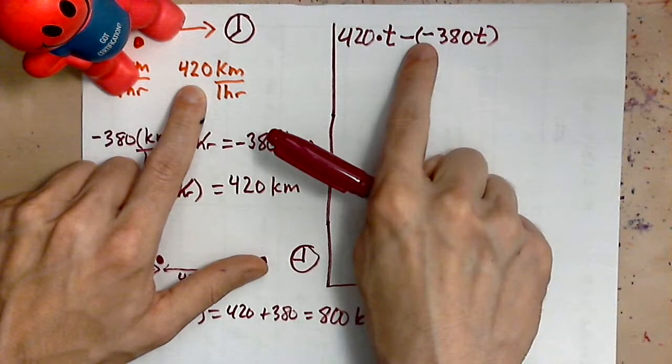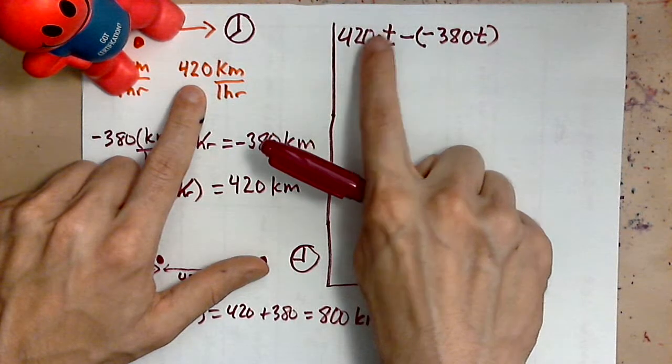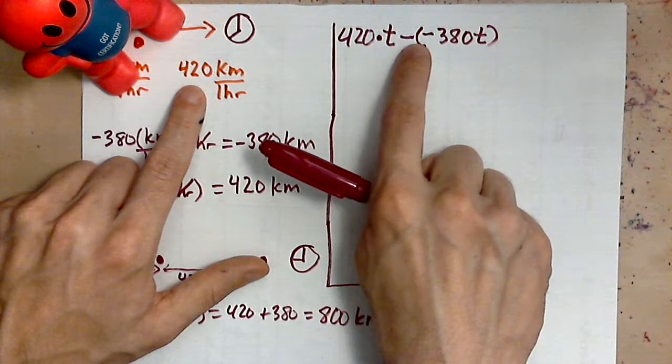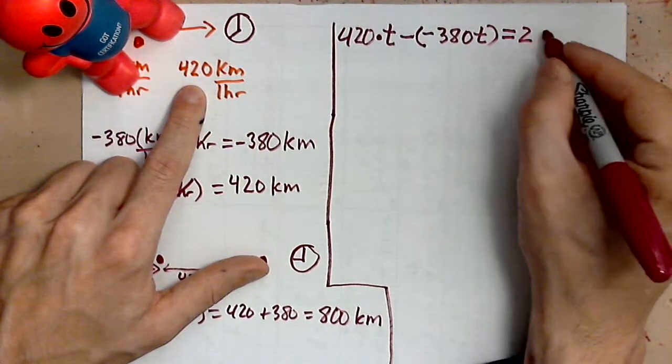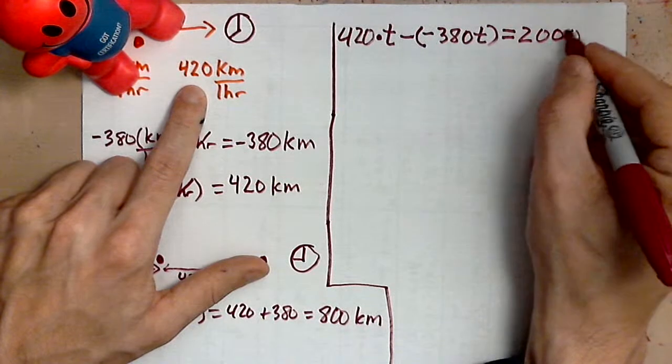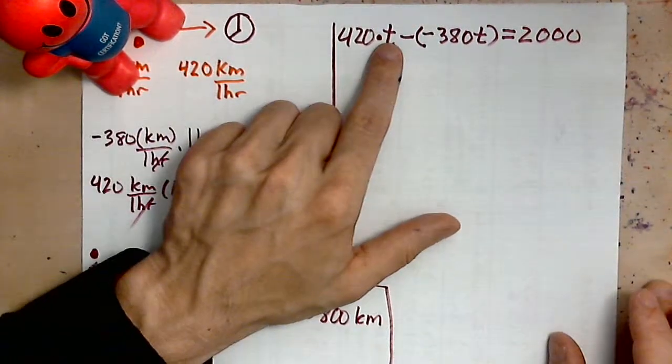So it turns into a positive, it turns into an addition, but at first it's not. At first it's subtraction. So you have 420t minus a negative 380t, and this equals 2,000. The time is what we have to find, t.